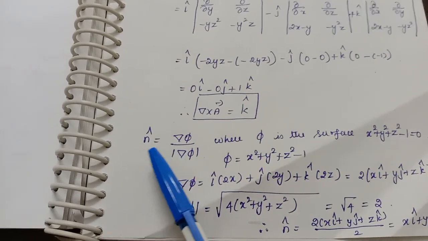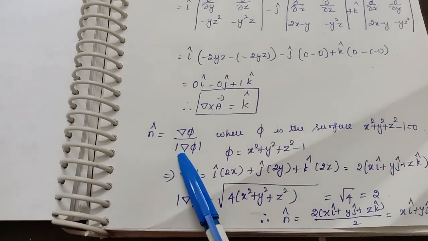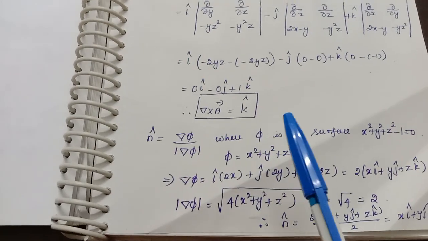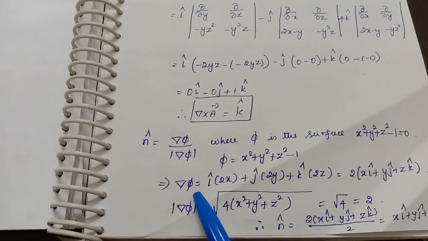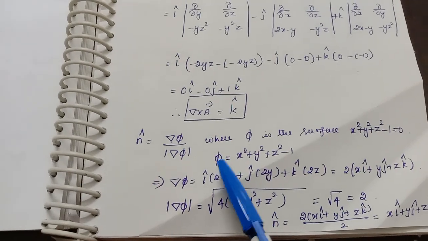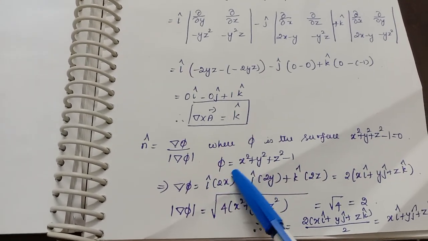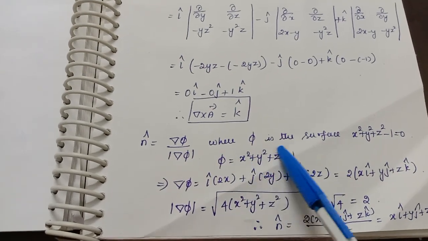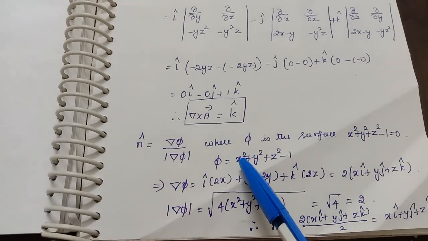Now n cap is given by del phi by modulus del phi. So this is the unit normal drawn outwards for any scalar function phi. Okay, so let's find del phi. How will you find del phi? I cap into differentiation of phi with respect to x. Differentiate the entire function with respect to x, what will you get? 2x.